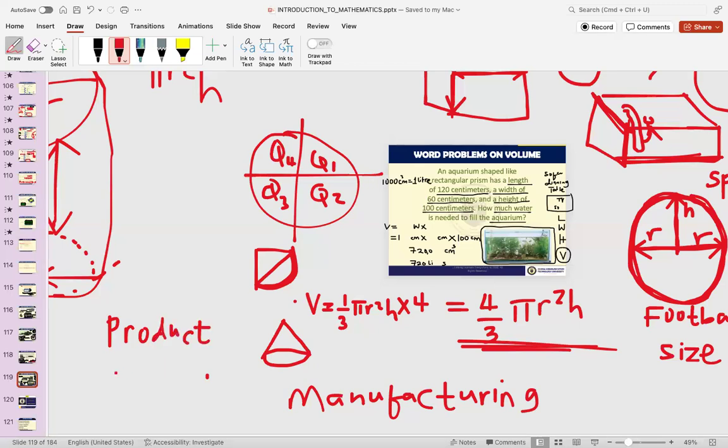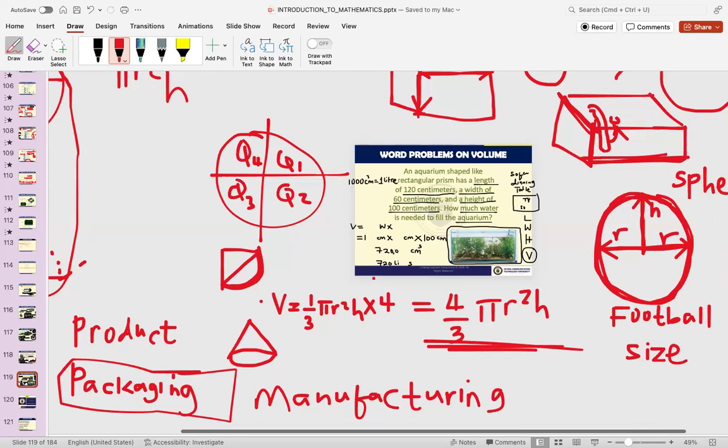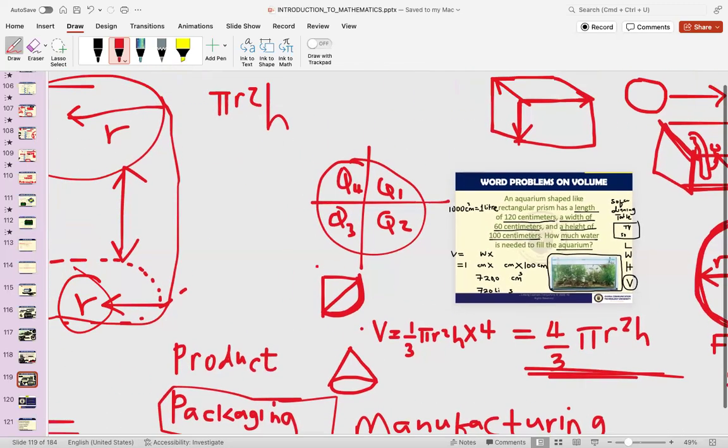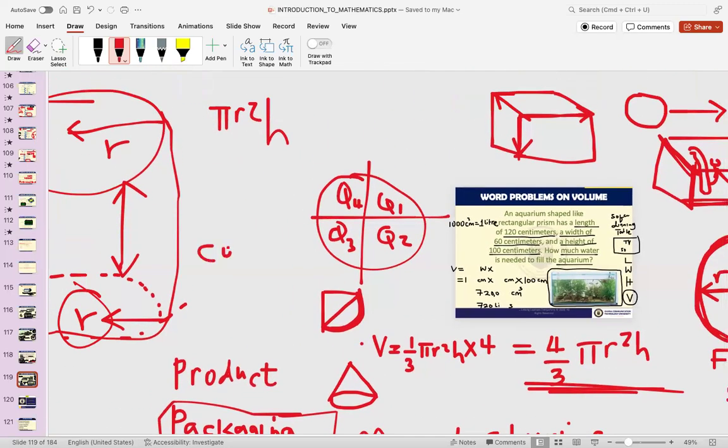And then secondly, you need to do the packaging. So the packaging is where you have a lot of mathematics coming in, because you are going to package into containers, and all the containers are coming with different shapes, like we are trying to do now.